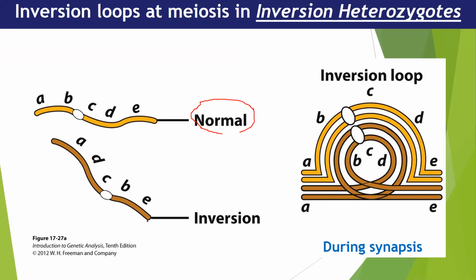However, if the homologous chromosome is an inversion mutant, as you can see here, the BCD has been inverted. So in this inversion heterozygous, during meiosis, these two homologous chromosomes cannot be paired in a standard way. It has to be different, right?